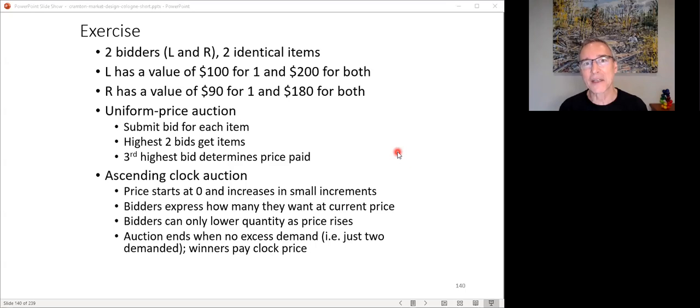And that's not very intuitive, but it is once you recognize that bidders in real auctions have budgets, a limited amount of resources that they can bring to the table. And so if prices get up too high, then a bidder with a budget is forced to buy less.